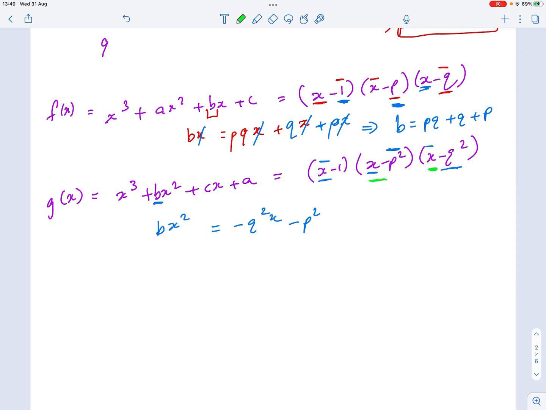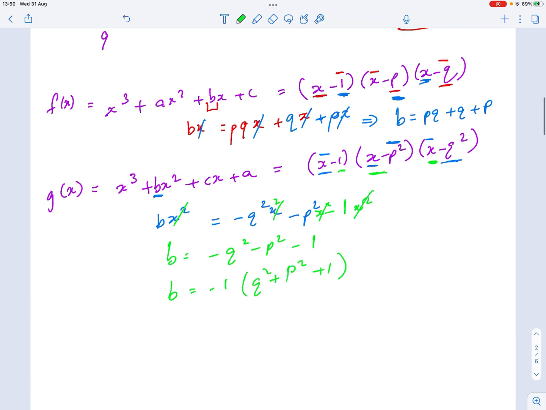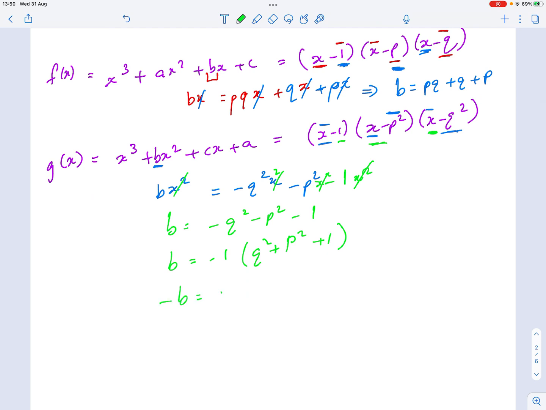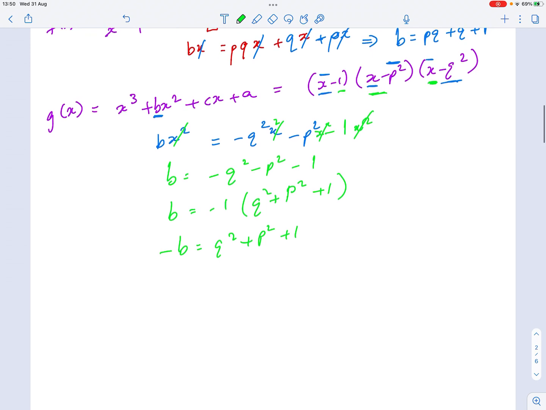We have to do these 2 x's times with minus 1, which is minus 1 x squared. Oh, there's an x squared. x squares will cancel. Okay, so b is equal to minus q squared minus p squared minus 1. You can square the minus 1 out. Okay, so minus b is equal to q squared plus p squared plus 1.